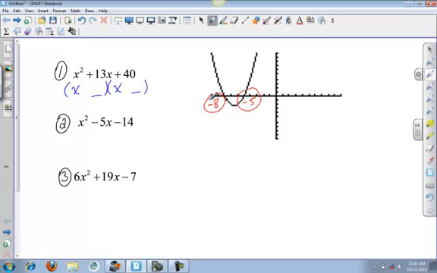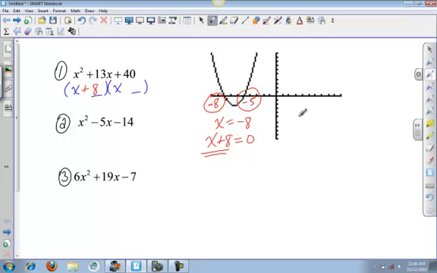Well, the way this is going to work, in order for x to equal negative 8, if you add 8 to both sides, x plus 8 equals 0. There's your factor. So one of our factors is going to be x plus 8.